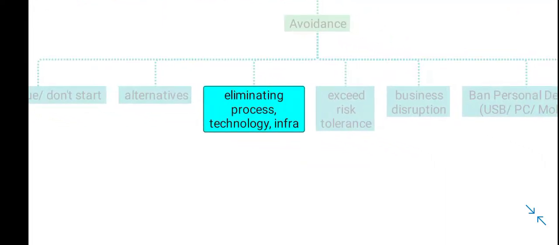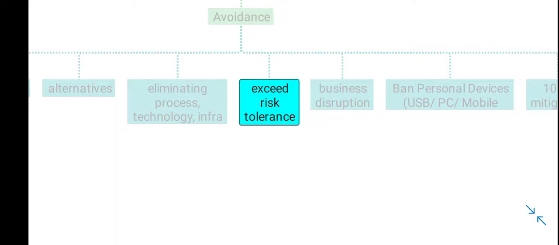This may entail eliminating the processes or the technologies or the infrastructure, because the risk of carrying out that specific activity or using a specific technology or infrastructure exceeds the risk tolerance level of an organization.